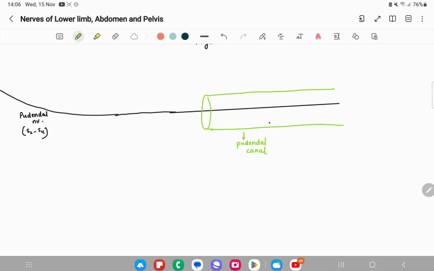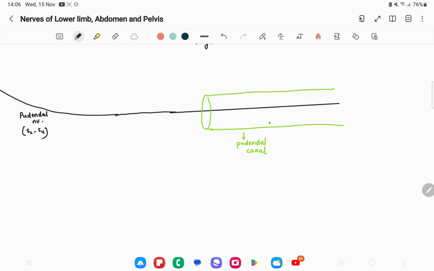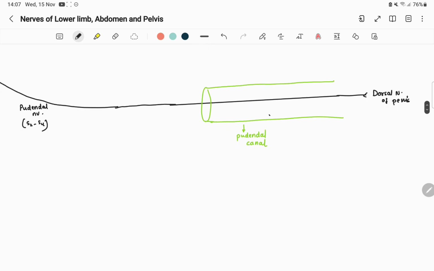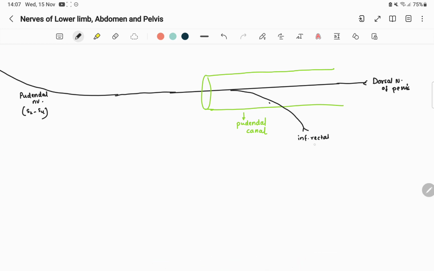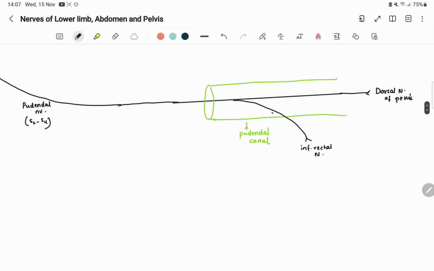In the pudendal canal, the pudendal nerve comes, and it continues as the dorsal nerve of the penis, and it gives two branches, your inferior rectal nerve and a perineal branch, which continues like this. This is the perineal branch of your pudendal nerve.